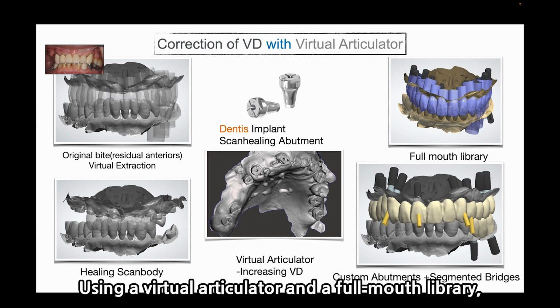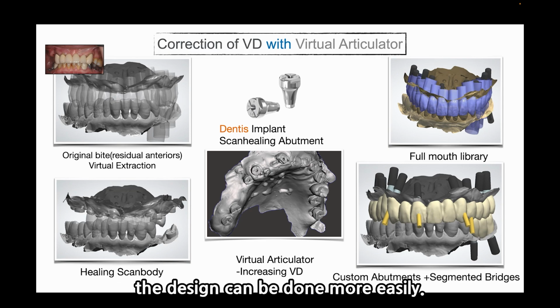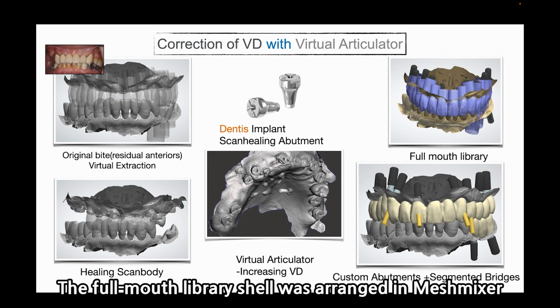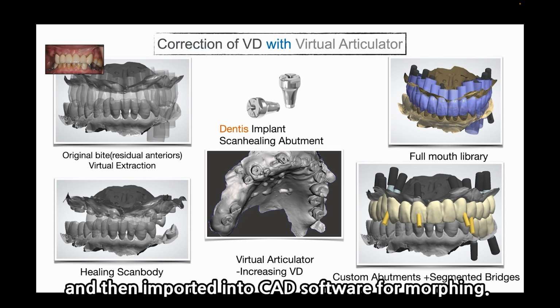Using a vertical articulator and a full mouth library, the design can be done more easily. The full mouth library shells were arranged in Meshmixer and then imported into CAD software for morphing.